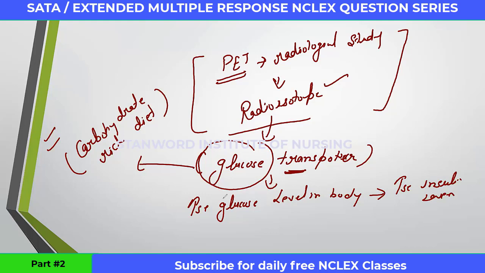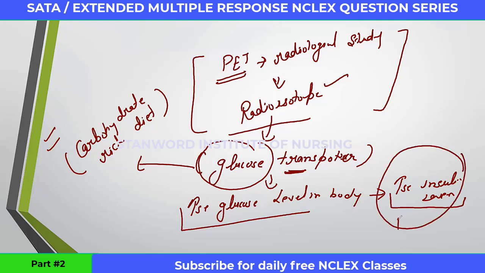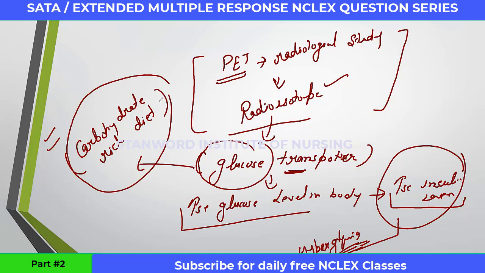If there is an elevated level of glucose, it will directly lead to an increased insulin level. And if the insulin level increases, the patient will suffer from hyperglycemic conditions. So we have to avoid the carbohydrate rich diet because glucose comes from the carbohydrate rich diet.